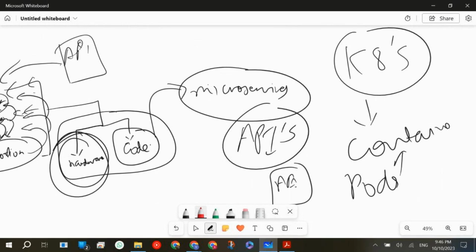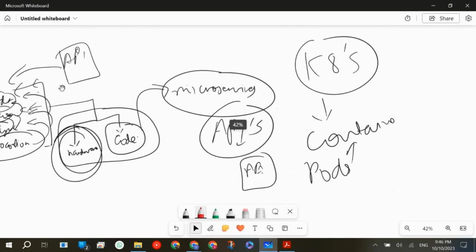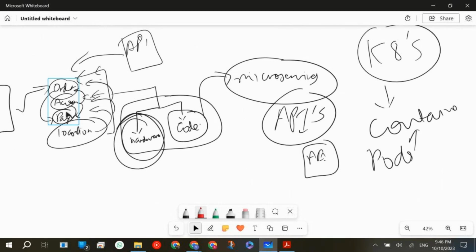Each of these functions could be put into different containers, and they all acted independently. Whatever resource the order is using, accounts or payment is not using. They all have independent resources. So the code is independent, and the resources are also independent.